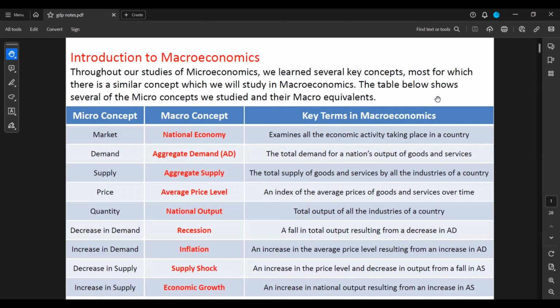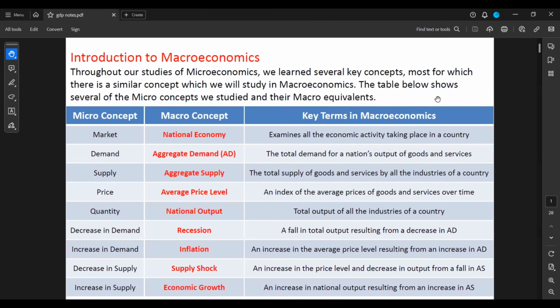Introduction to macroeconomics. Throughout our studies of microeconomics, we learned several key concepts, most of which have a similar concept that we will study in macroeconomics. The table below shows several of the micro concepts we studied and their macro equivalents.